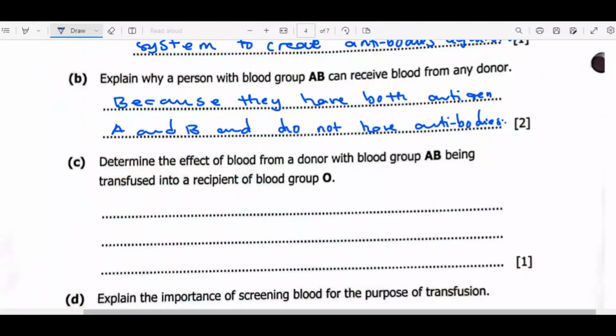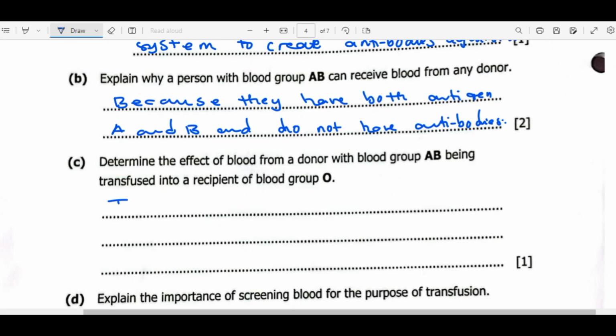We move on to C. Determine the effect of blood from a donor with blood group AB being transfused into a recipient of blood group O. So what is the problem of giving someone a wrong blood? So that's what the question is asking us.